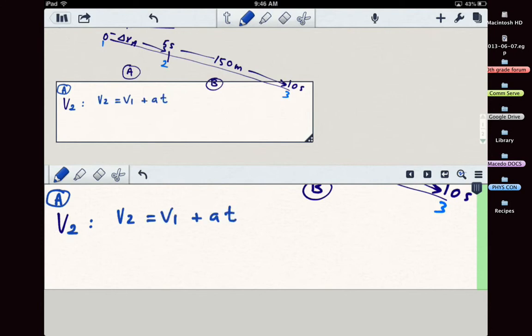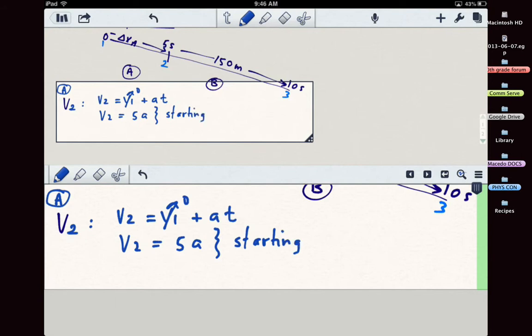For part A, V1 is 0. The object starts from rest. I know I have 5 seconds, so V2 is 5A. So that's the velocity at point 2. Now the reason I want that is this is the starting velocity for part B.